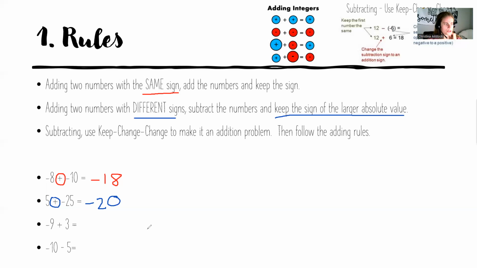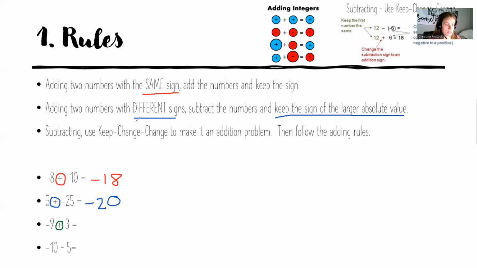Let's try another one of those. -9 plus 3, another adding problem. So if we're following the rules, if that's the strategy you end up liking best, we're adding. So do these numbers have the same sign or different signs? Different signs. The 9 is negative, the 3 is positive.